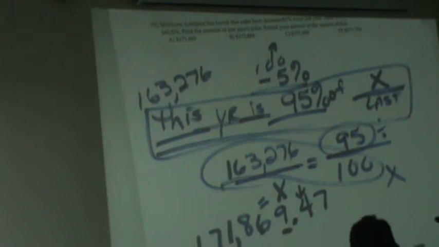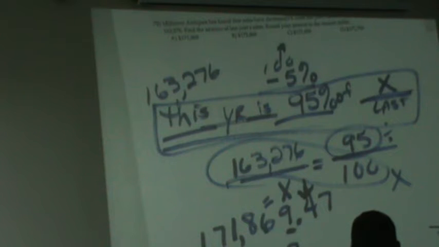Looking at the 4, you don't go up. You don't say this is about 50 and go up. You only look at the 4 and you leave that a 9. So $171,869 was last year's.